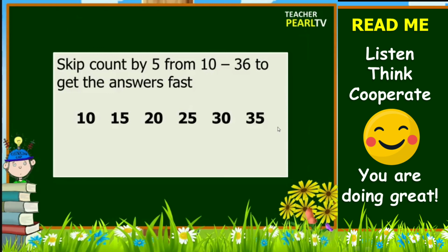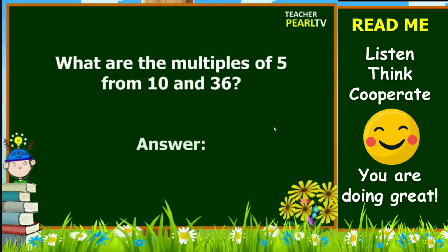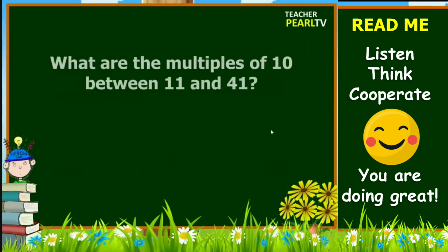So in here, we are going to include the numbers from 10 up to 35. We are not going to include 36 because 36 is not a multiple of 5 because after 35, it's 40. So the answers are 10, 15, 20, 25, 30, and 35. Did you get it? Nice.